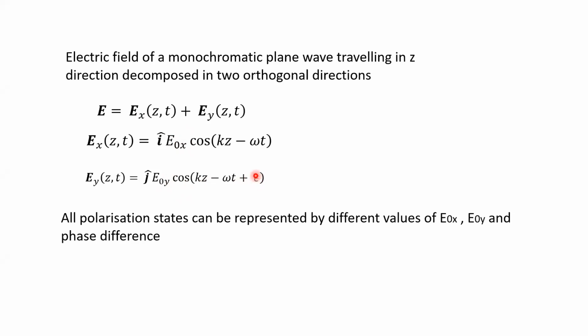So epsilon is the extra phase difference between these two components, and by picking different ratios of E0x and E0y and the phase difference, one can create all different kinds of polarizations. That was the basic representation of polarized light which we started with and which we'll continue to use today also.